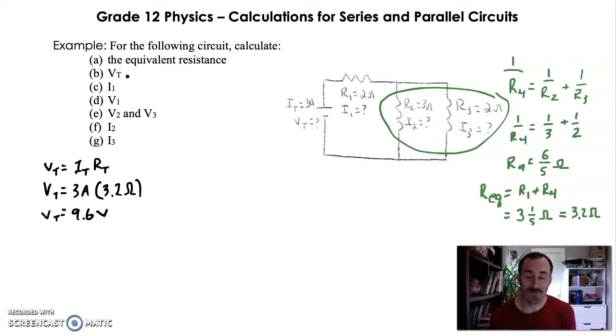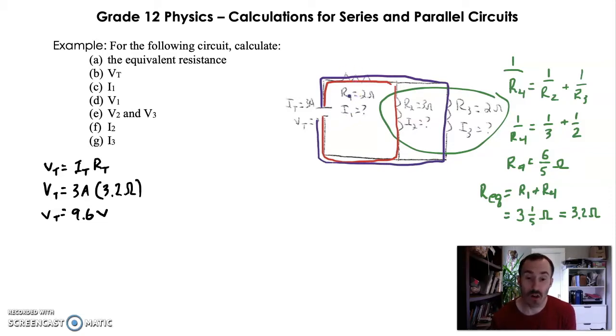So we've got VT. Now we're looking for the current through resistor 1. That's I1. Now, this resistor is connected in series with the source. And so if we draw our path diagrams here, just really quickly, there's one path, and I'll use purple for the other path. No matter which path an electron goes down, it has to pass through this resistor.